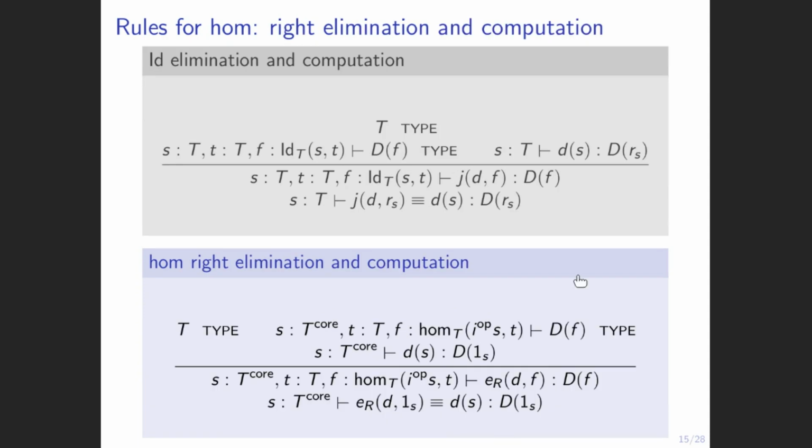Okay, now this is a bit more complicated. We have an elimination and computation rule, and there are actually two of them coming from the directedness of the underlying homotopy theory that we're trying to capture. Okay, so let's look at this. Of course there are maybe arbitrary contexts here that I have omitted, so this is easier to read.